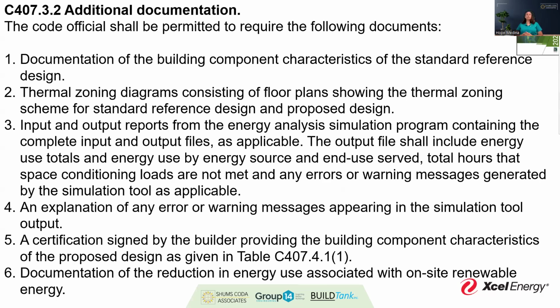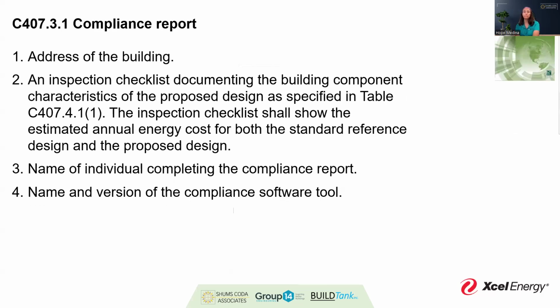And then documentation of the reduction in energy use associated with on-site renewable energy. So if they include that 5%, you can ask, I want to see the documentation demonstrating what you included into the calculation for that on-site renewable energy.